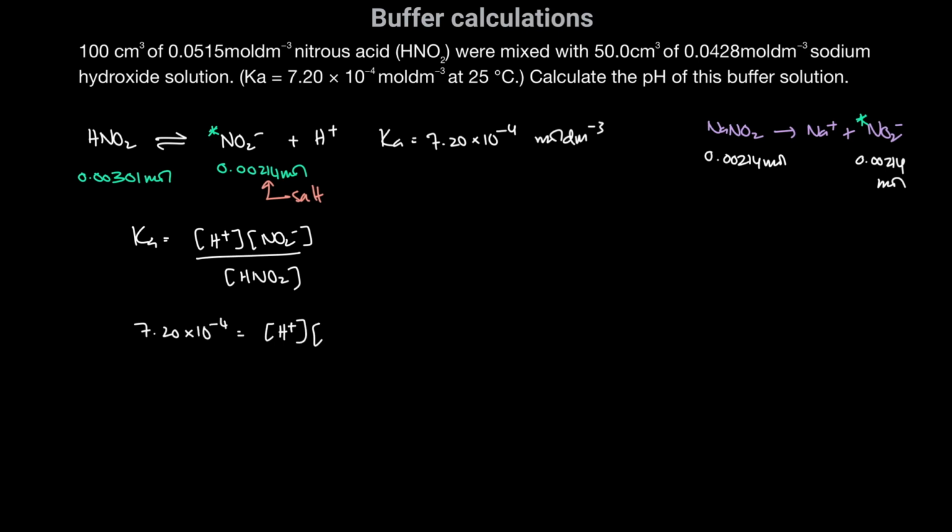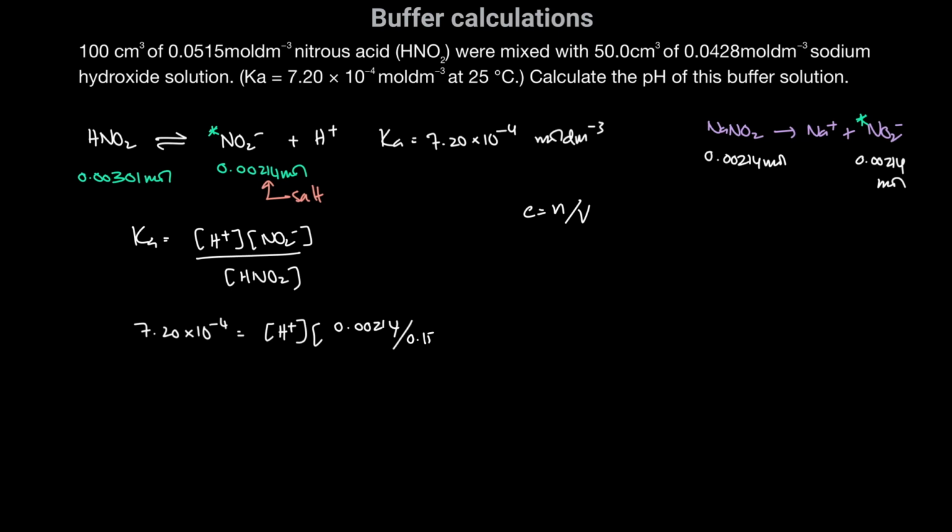The concentration of NO2 minus is just the number of moles per unit volume. So we have 0.00214 moles of NO2 minus ions divided by the volume, which is 150 centimeter cube. That's 0.15 decimeter cube.